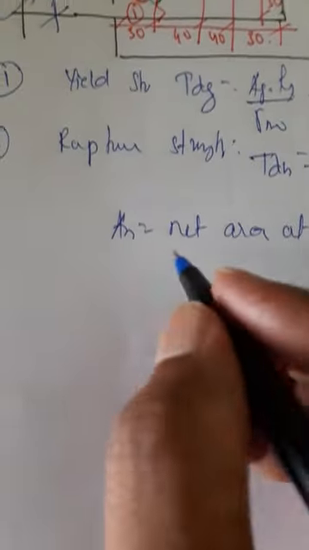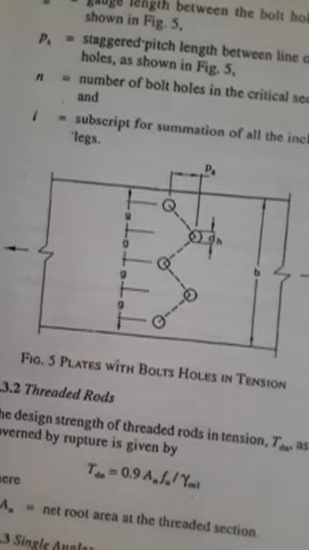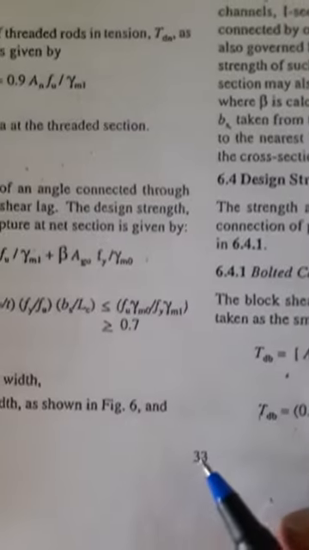So first let me write the generalized equation for diamond type of bolting. So AN is equal to, just look here, this is a diamond type of bolting. It is given in page 33.